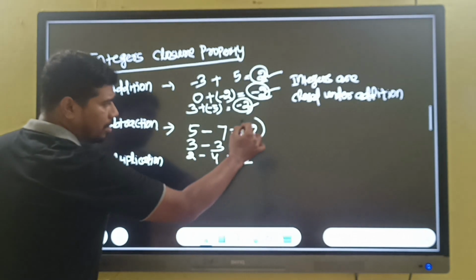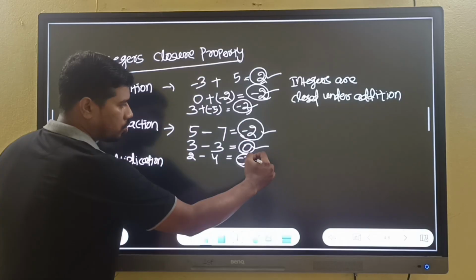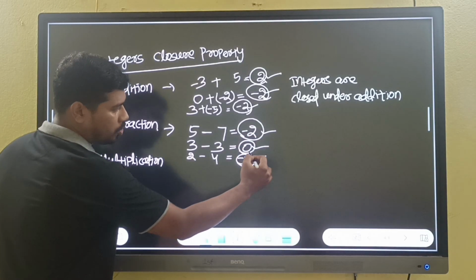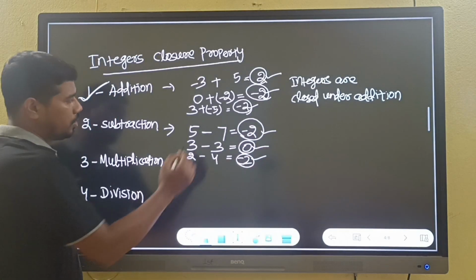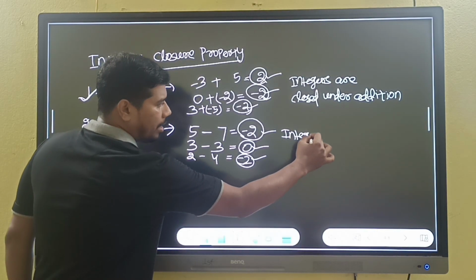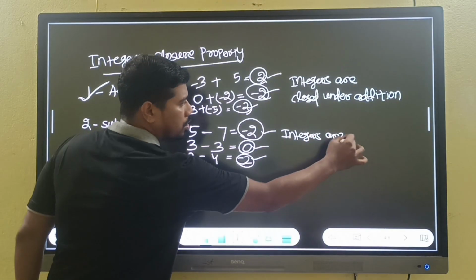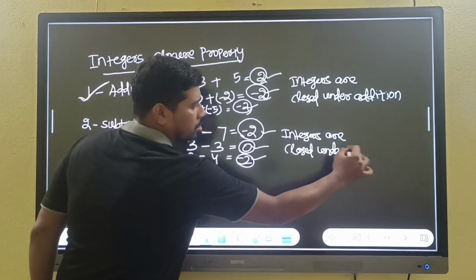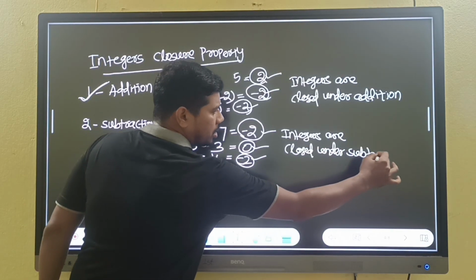So all these numbers, -2, 0, -2, are integers. So we can write here: integers are closed under subtraction, because it is possible.